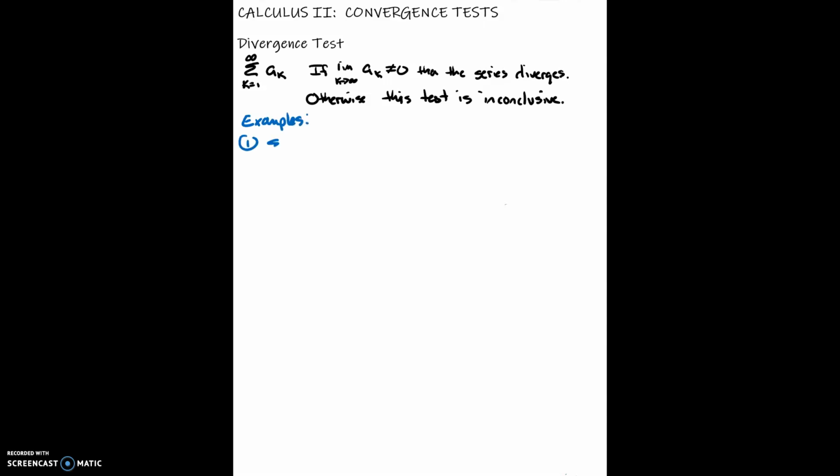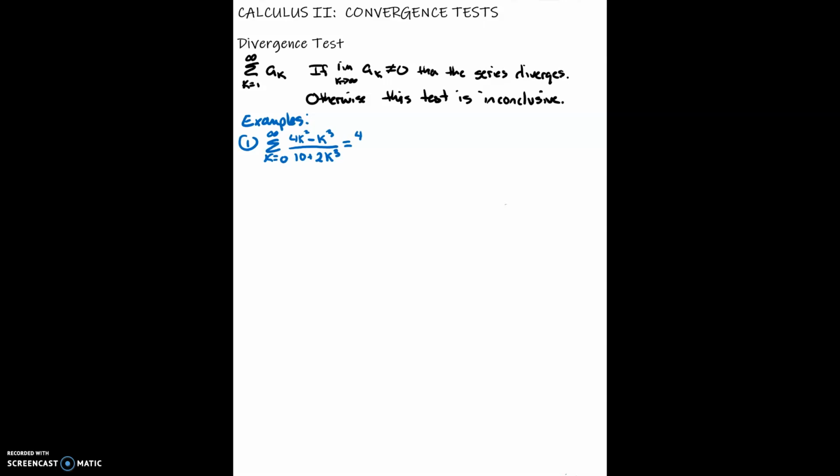Let's take the sum as k goes from 0 to infinity of 4k squared minus k cubed over 10 plus 2k cubed. Now you'll notice in this case I'm starting at 0. I need to start it at 1 though. All right, well let's just see what happens at 0.